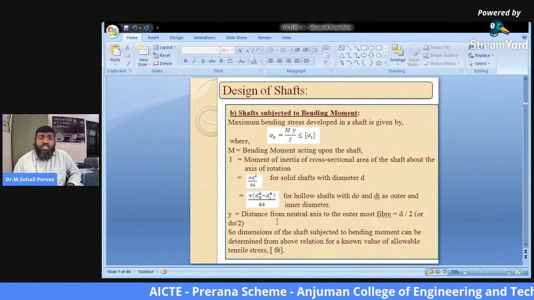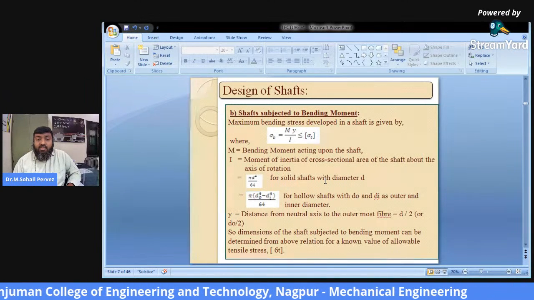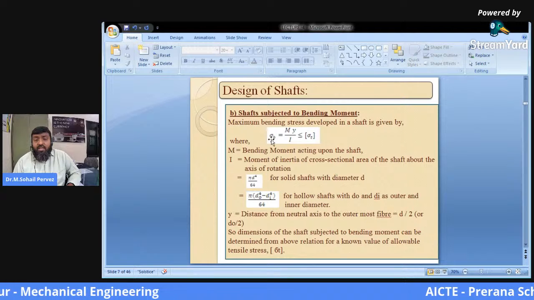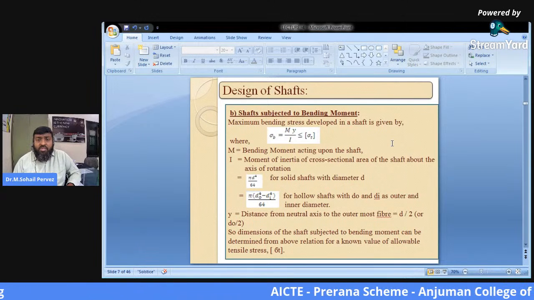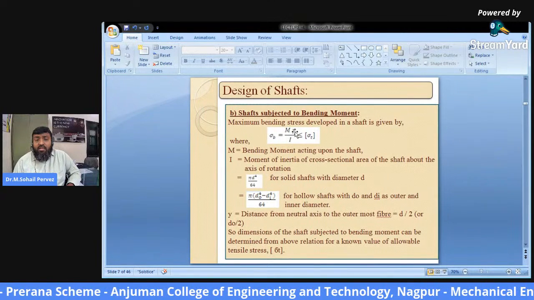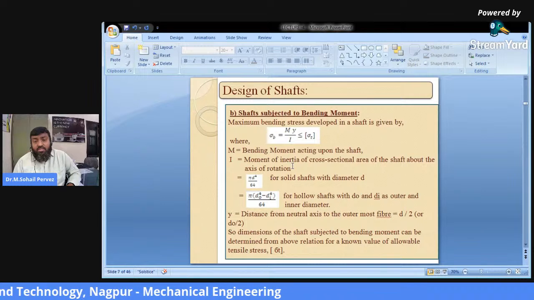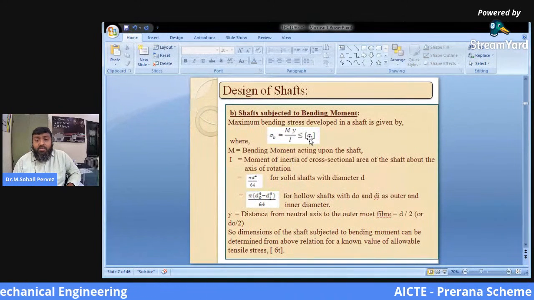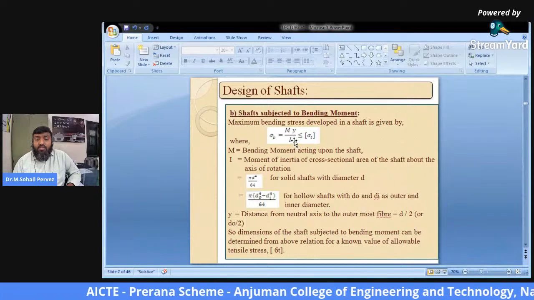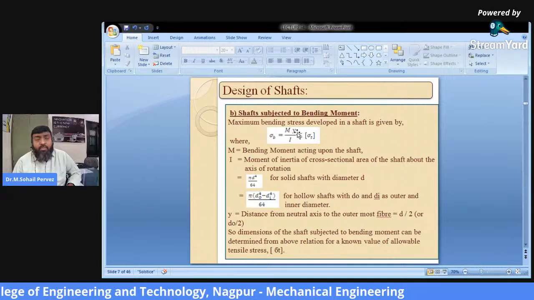The next is, if the shaft is subjected to bending moment, in that case the basic equation of bending, the flexural formula, M by I equals sigma B by Y equals E by R. Now E by R will not come into the picture, so here we will directly write sigma B equals M by I into Y. Sigma B is the induced bending stress, which should be less than the permissible stress sigma T. As far as I, the moment of inertia, is concerned, y is the distance of the outermost fiber from the neutral axis.